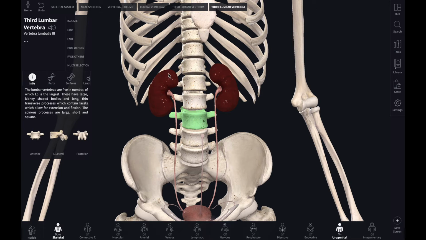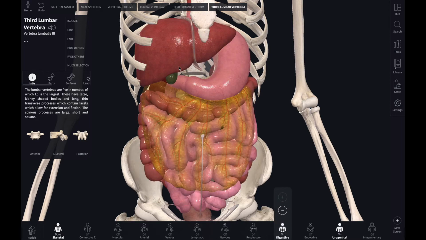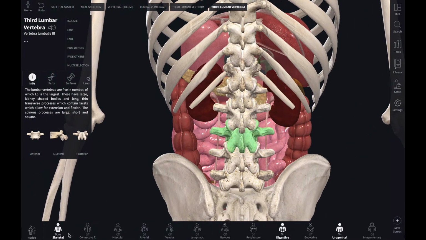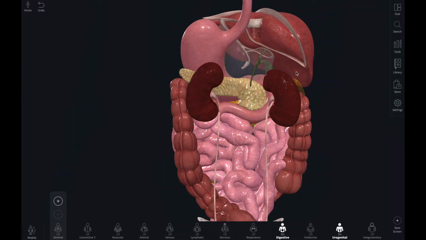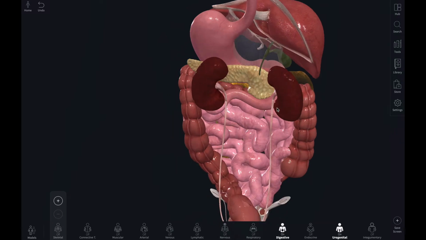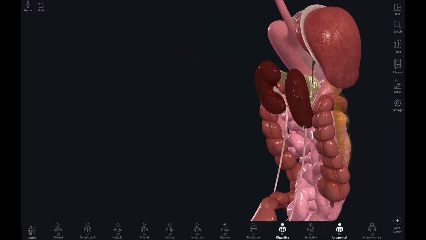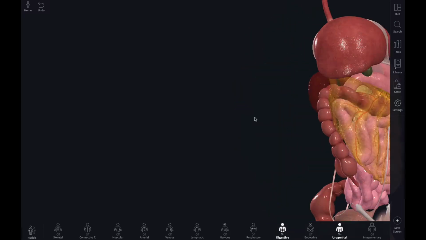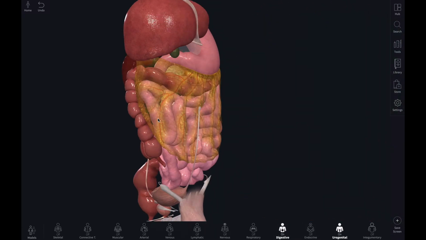Okay, so in fact the right kidney is lower than the left kidney, because the location of the liver is compressing it. You can see here, the liver is compressing the right kidney, so the right kidney is a little bit lower than the left kidney.